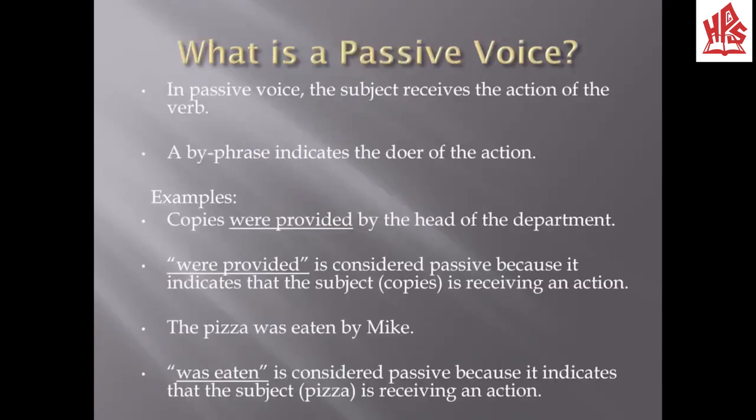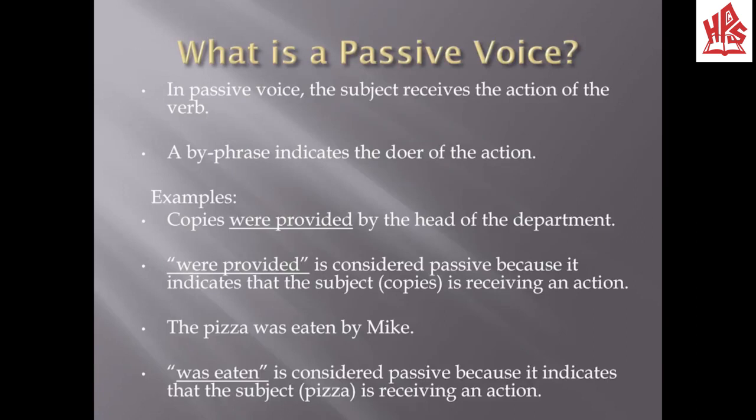After active voice, a question comes to our mind: what is actually a passive voice? In passive voice, the subject receives the action of the verb. A by phrase indicates the doer of the action. Examples: copies were provided by the head of the department.